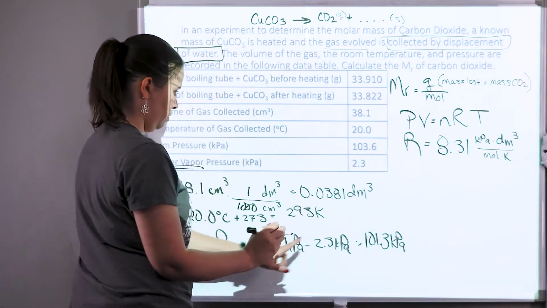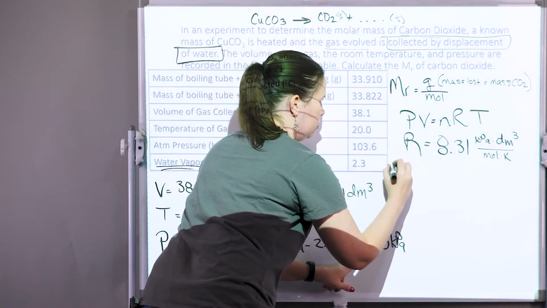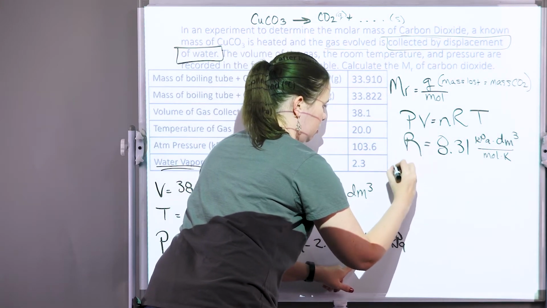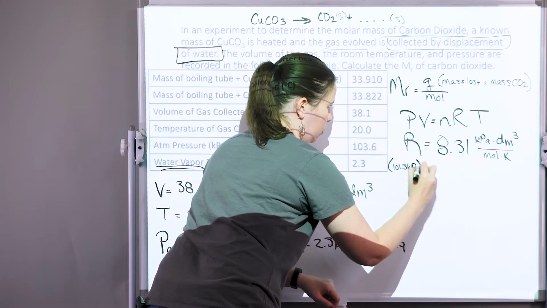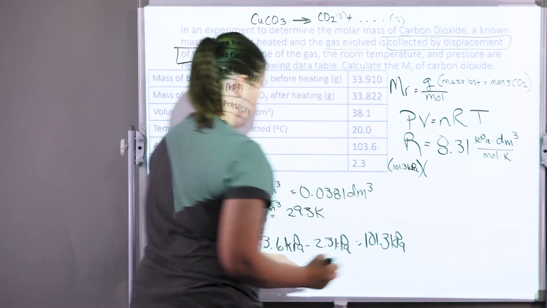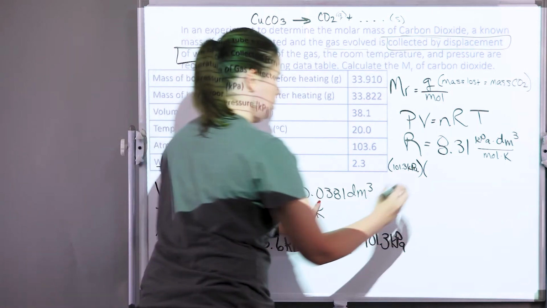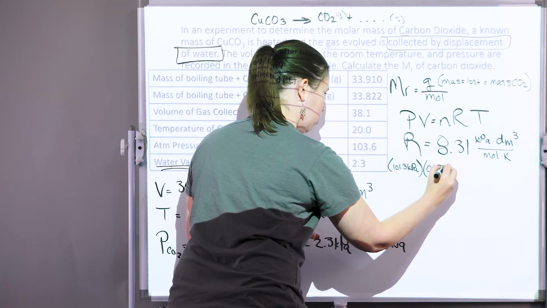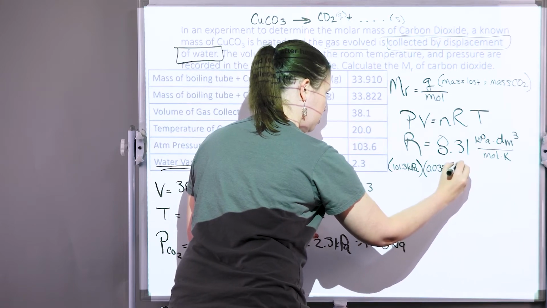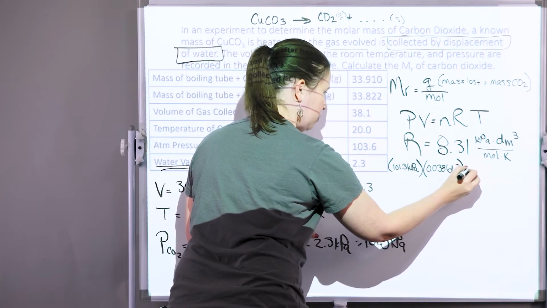So we're using PV equals nRT. The pressure is 101.3 kPa. Plugging in pressure first. The volume is 0.0381 decimeters cubed. I'm afraid I'm going to run out of room. Here, let's do this.